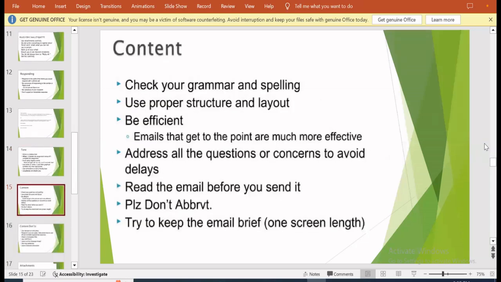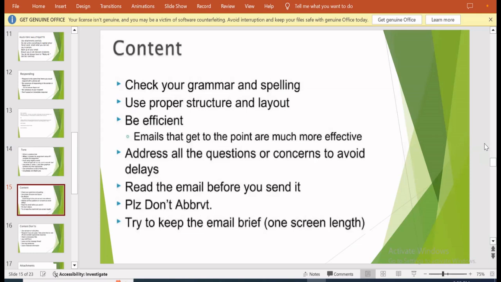Content. Content is another important part of your email writing. If your content is not relevant and useful, the whole effort will be a waste of time, and you are not actually delivering the right email. So whenever you are writing an email, please check your grammar and spelling of the content.